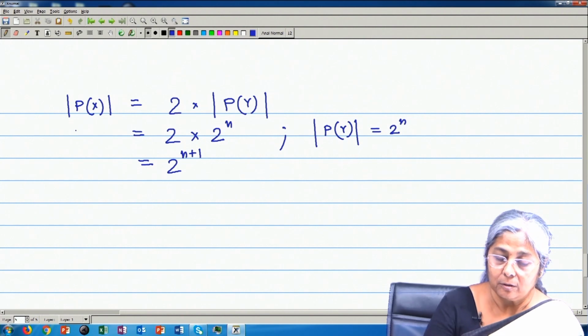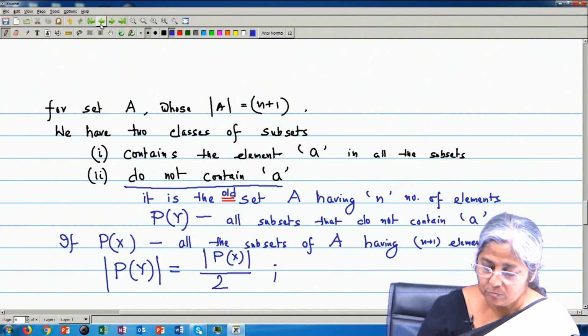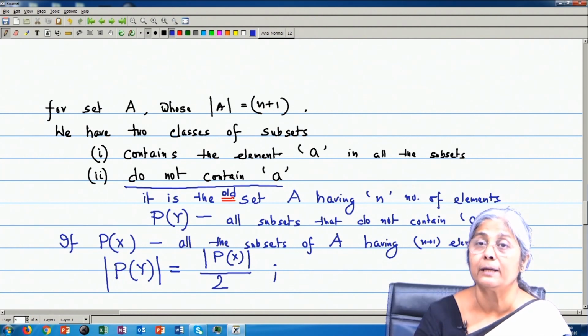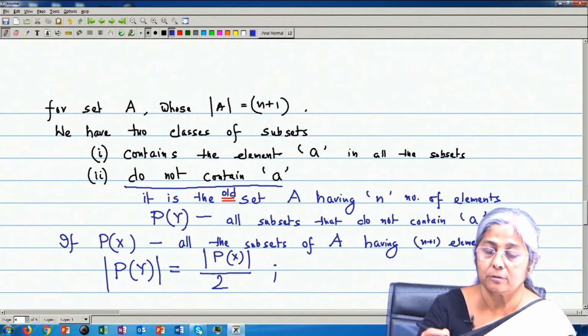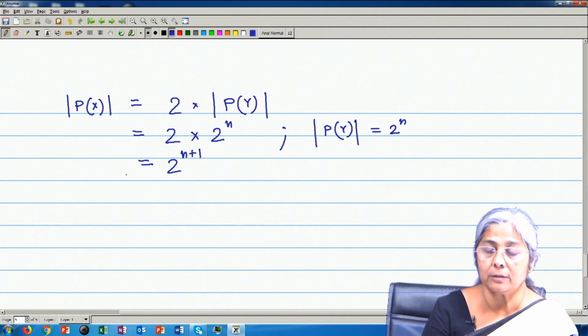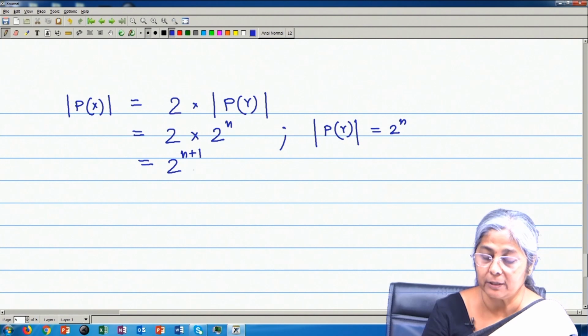So, for x we have considered P x, all the subsets of A having n plus 1 elements, and we proved that the cardinality is 2 to the power n plus 1.